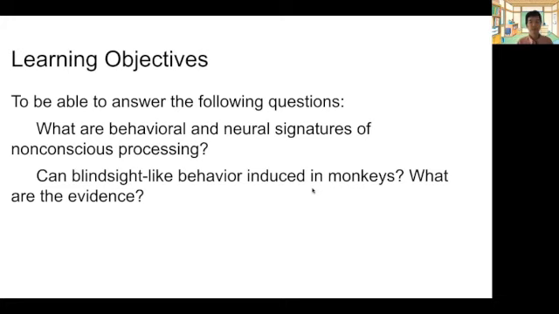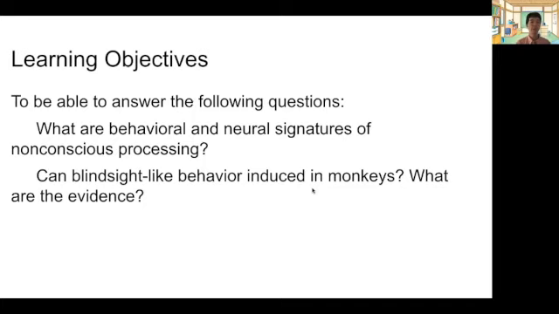And then, to back up the argument about whether blindsight behaviors are just a consequence of lax or insensitive methods, we first review further evidence on whether blindsight behaviors can be induced in monkeys.